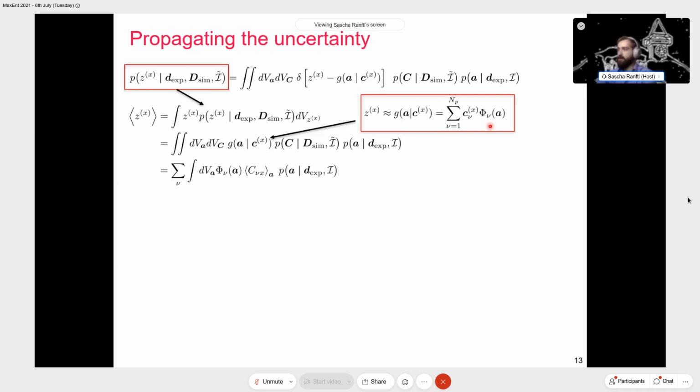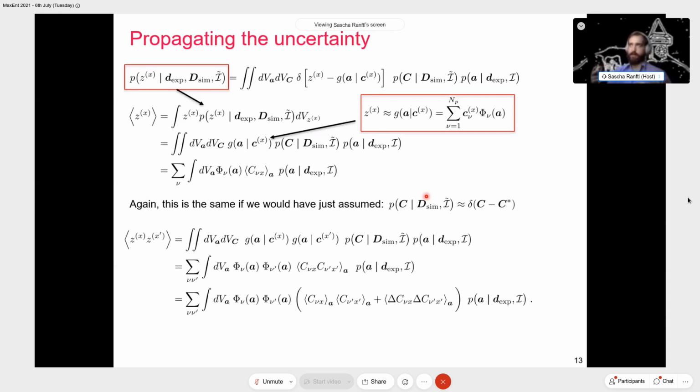And the regression coefficients C appear linearly, so we can just use the expectation of the C's that I had shown you before. Okay, so also this is all fine and well, and the same result if we would have just assumed a perfectly trustworthy surrogate. So the mean of the predictions from the simulations is still going to be the same. But again, we actually want to look at the uncertainty of these predictions.